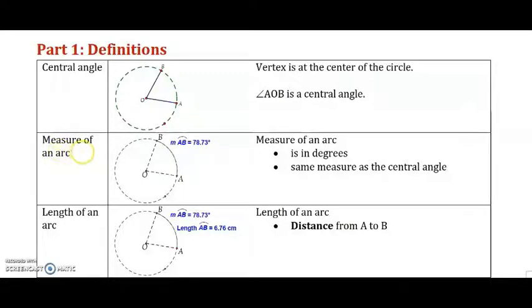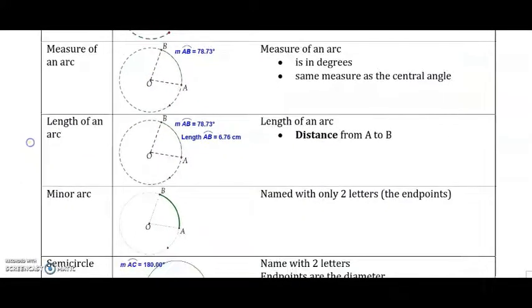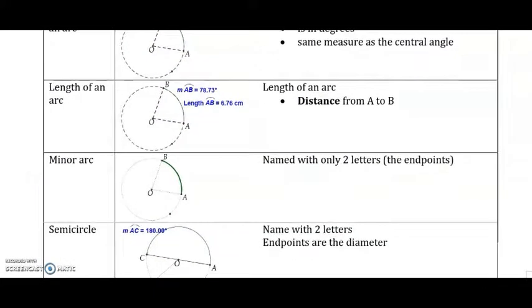The measure of an arc is in degrees and is the same measure as the central angle. The length of an arc is the distance from A to B. So in other words, it's the measure of the arc divided by 360 times the circumference.